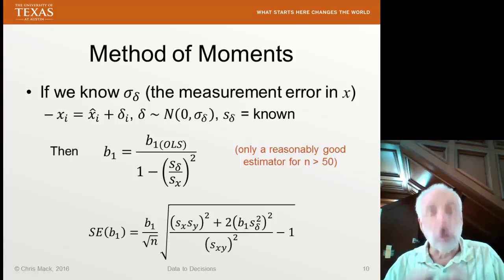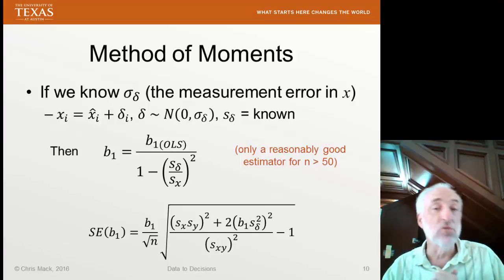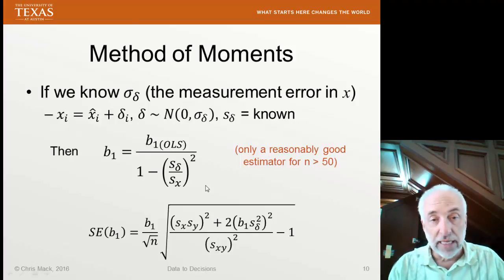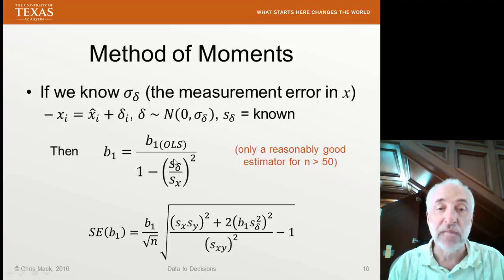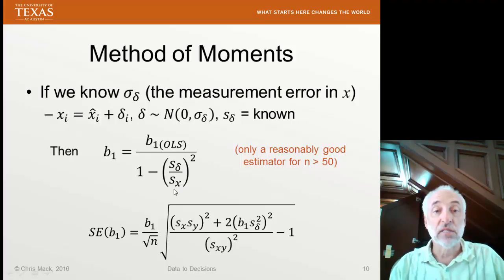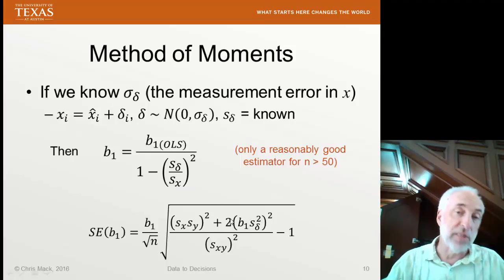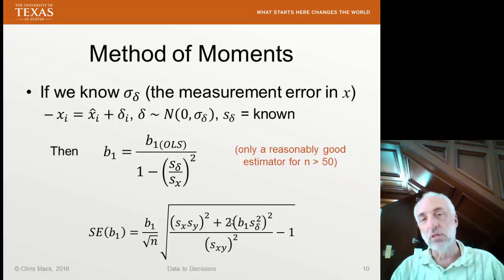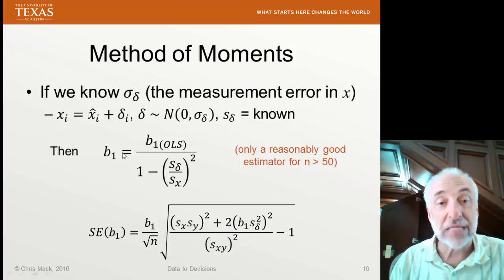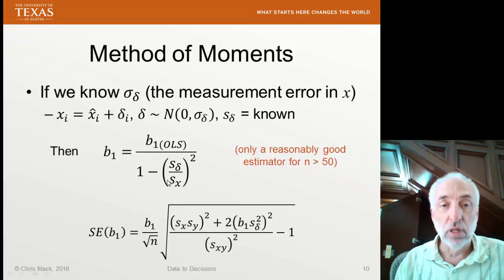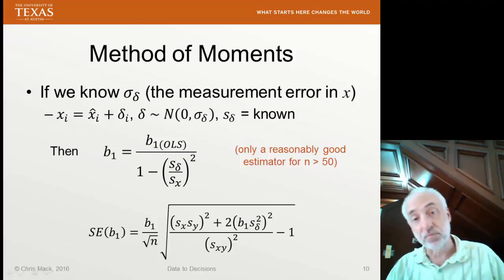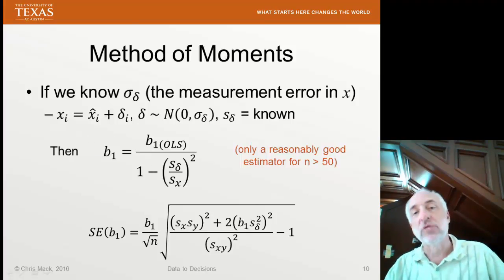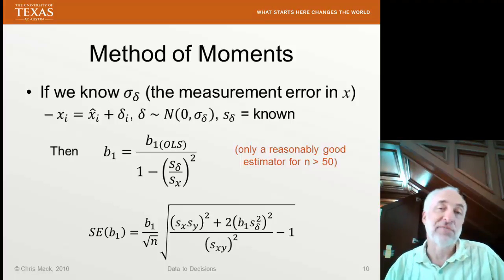So S sub delta is the uncertainty in any given x measurement, and S sub x is the standard deviation of all my measurements, all the x values. In other words, it's something like the range of the x values that we've used. When that ratio is appreciable, then I get a big difference between the OLS slope and our method of moments slope. But when that ratio is small, then there's not much difference.